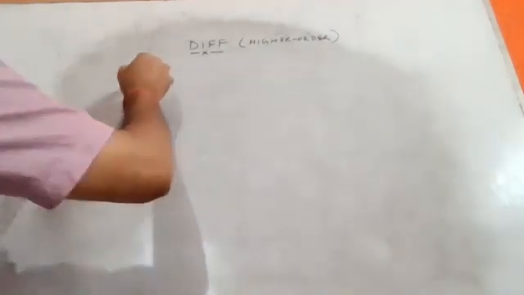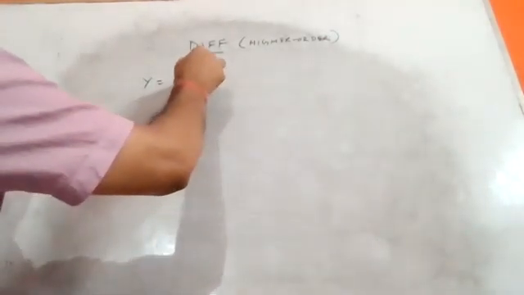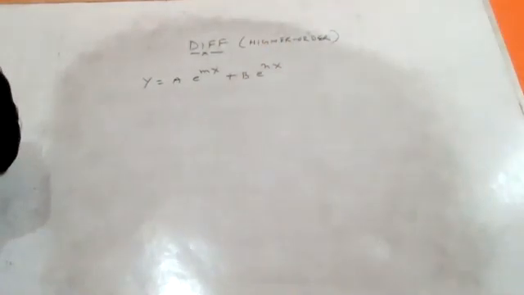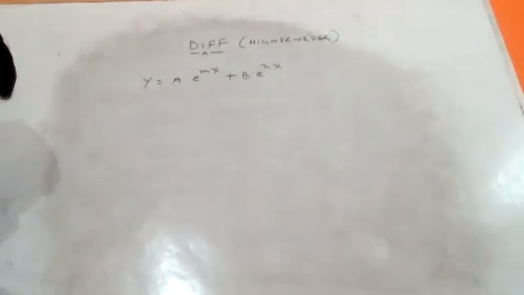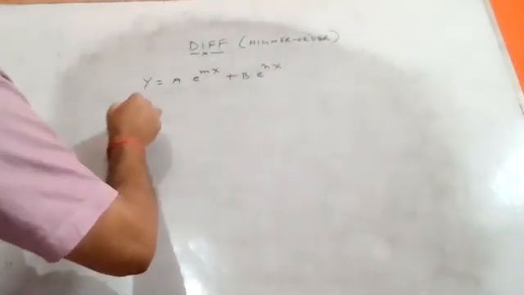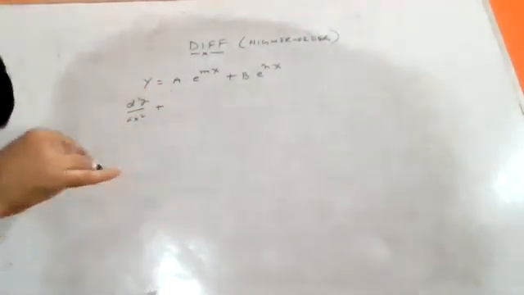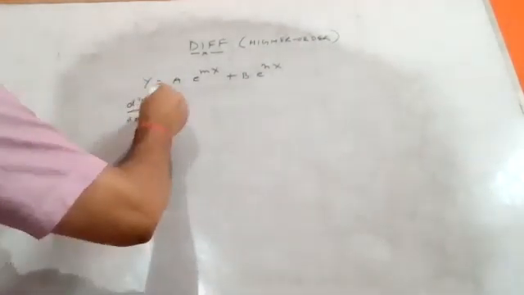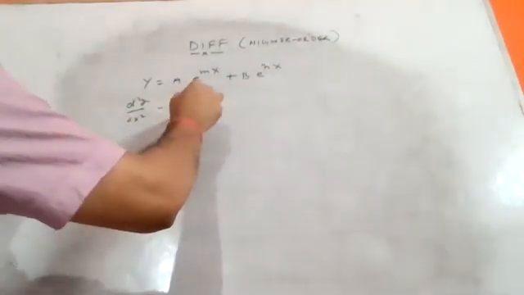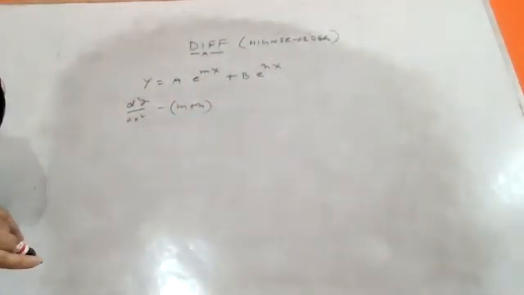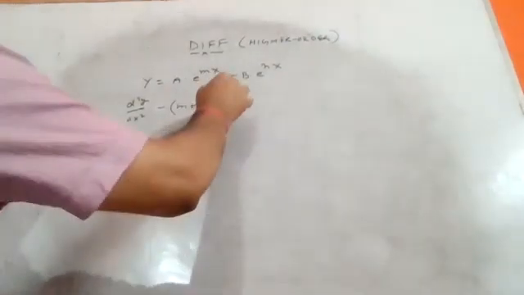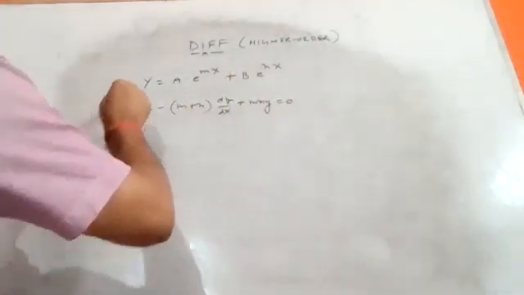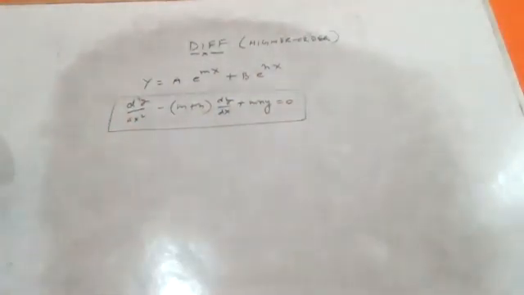For example, if they say y is equal to a into e raised to power mx plus b into e raised to power nx, then show that d2y upon dx square minus (m plus n) into dy upon dx plus mn y equals 0. This one expression you want to prove.